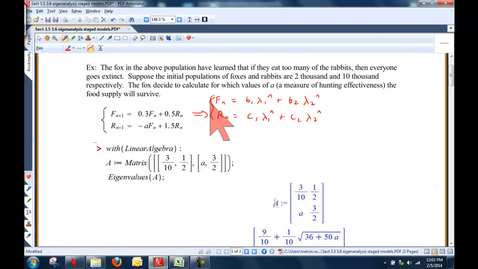We discovered this last time where we had a specific number for a, and therefore these constant coefficients b1, b2, c1, c2 were actual numbers that we could obtain.